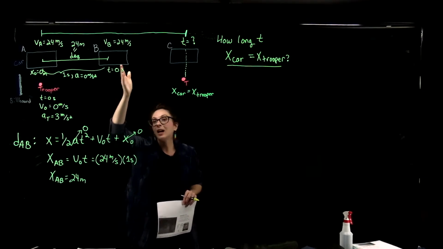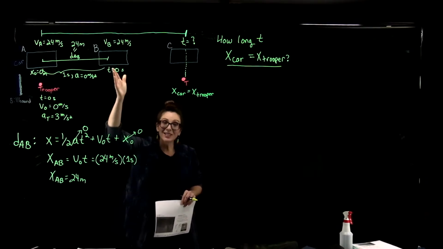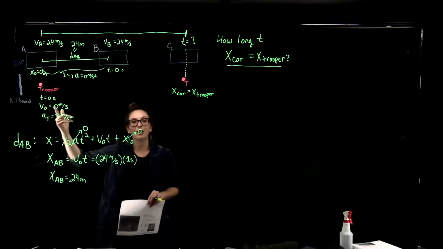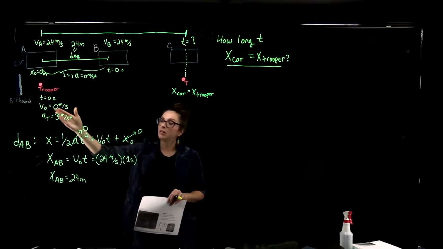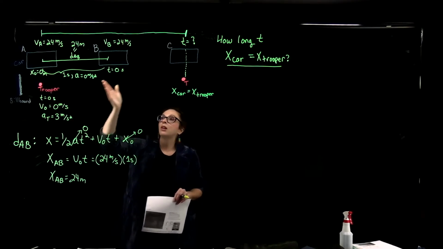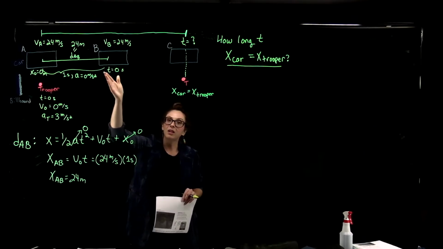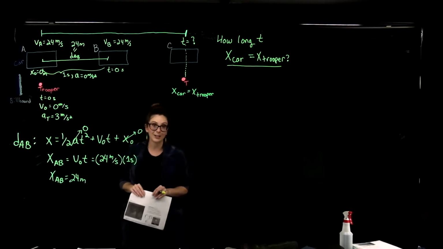I chose that time, t equals 0, after that 1 second because that's the same time when my trooper starts moving as well. So t is equal to 0 for the trooper when he starts his motion, after my car has already traveled 24 meters, okay?